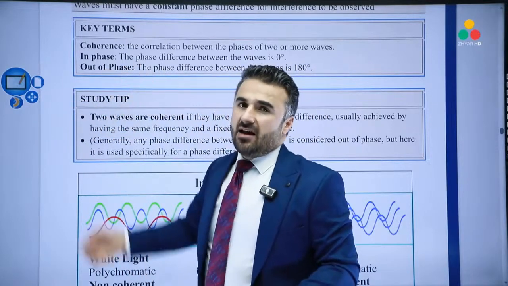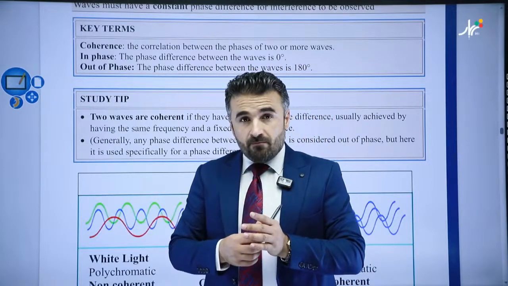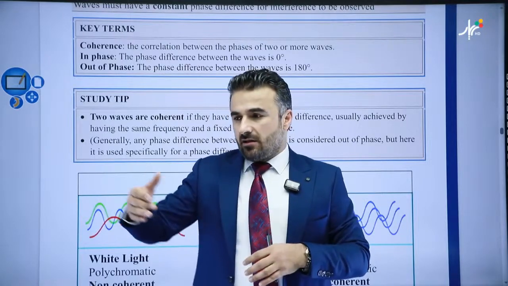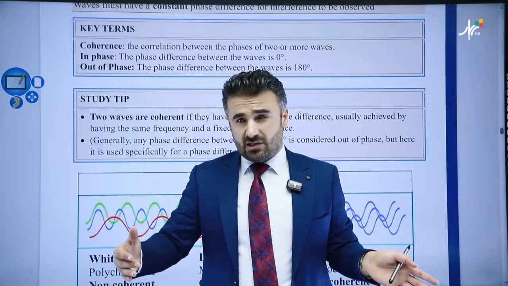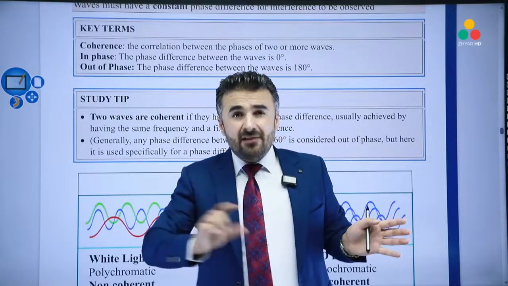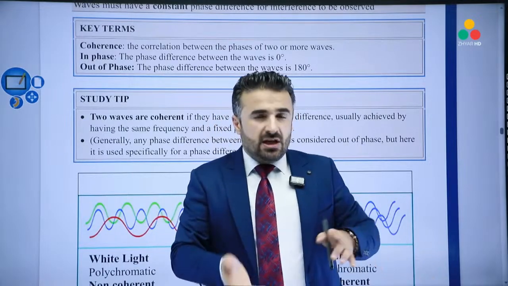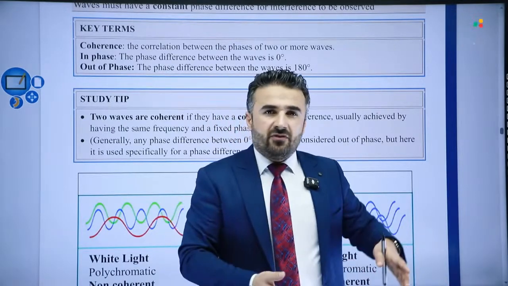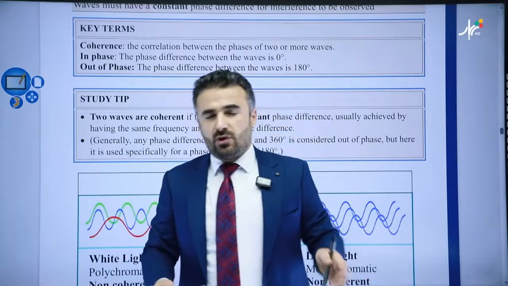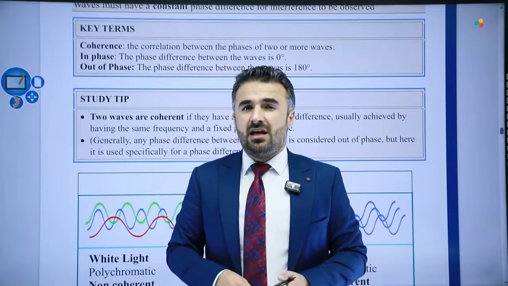What do we mean by out of phase? When we say out of phase, generally any angle where the two waves are not in phase, meaning the angle is not 0 or 360, is called out of phase. In phase means they have the same phase, so any deviation from that we call out of phase. But for these concepts, whenever we say out of phase, we basically mean that the phase difference between the two is 180 degrees.